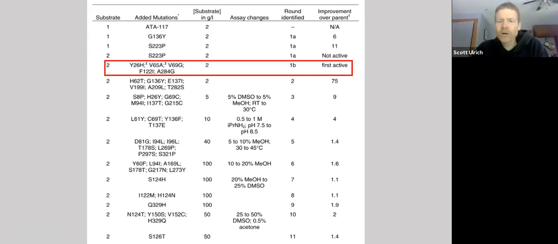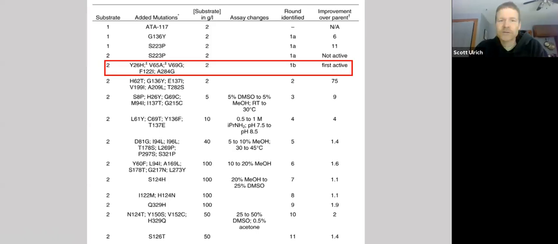I think so, yes. And the weird thing about this table is that, reading it from right to left, here are the new amino acid substitutions or mutations, and then the next couple columns are the new conditions that they are subjecting the mutant to.